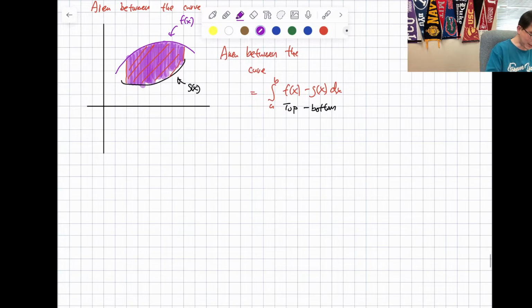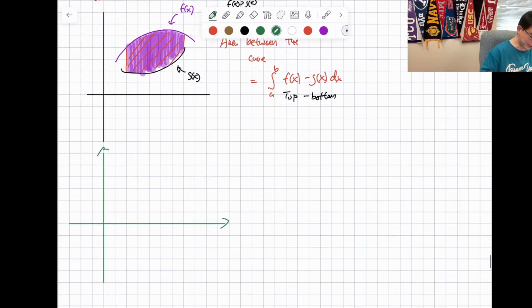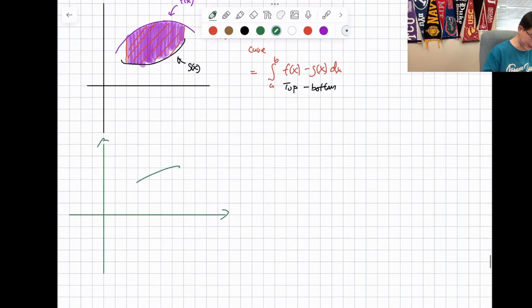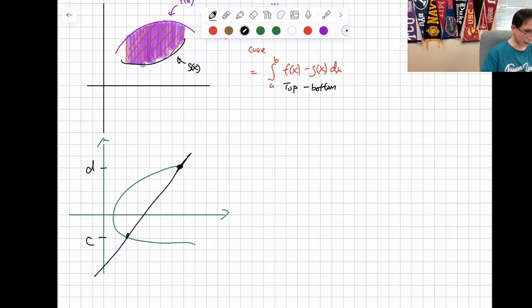However, sometimes later on we're going to give you a situation like this. The function is not a normal function, so we can get something like this, and there's a graph like this, and there's a point here, from point C to D. But we cannot do area as top minus bottom.